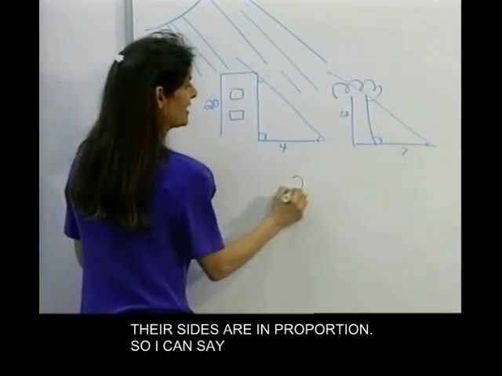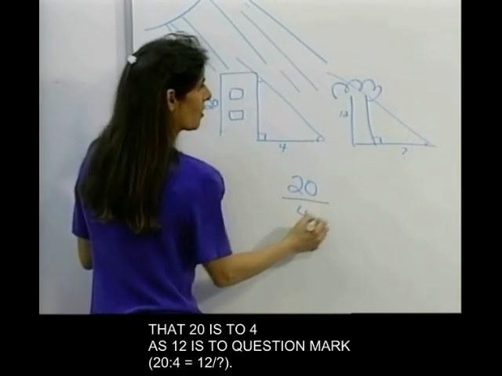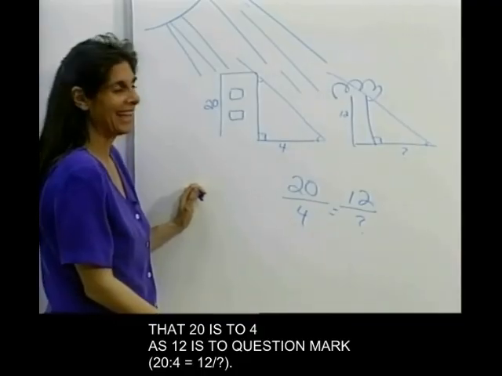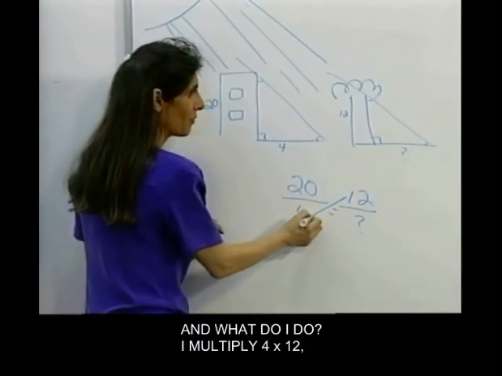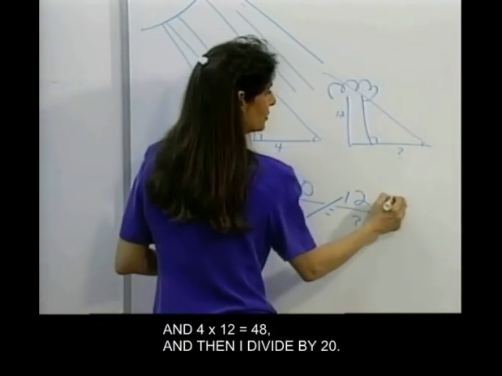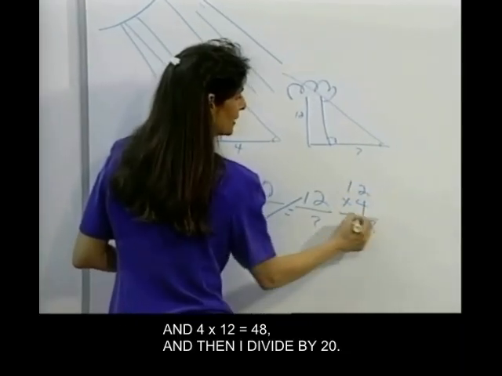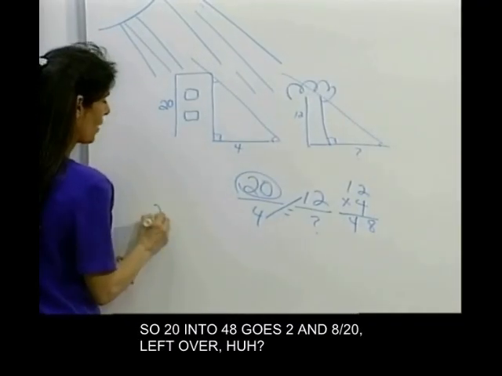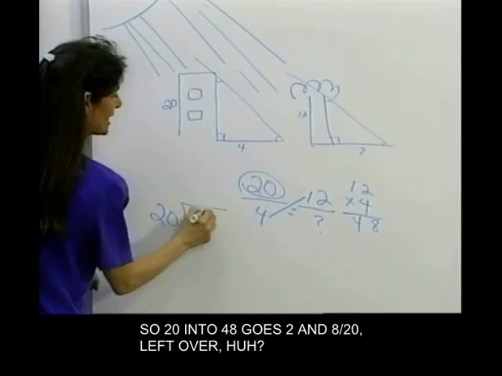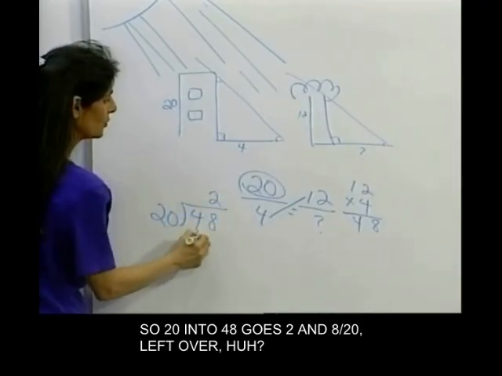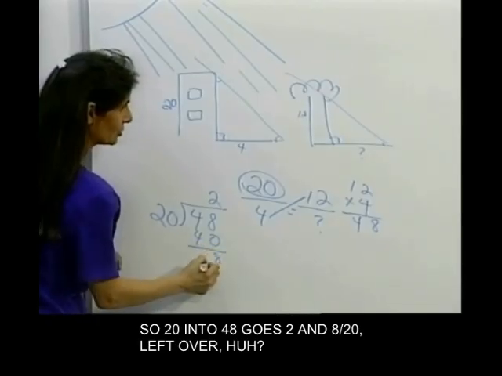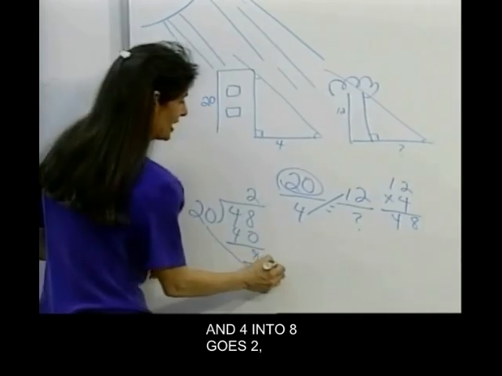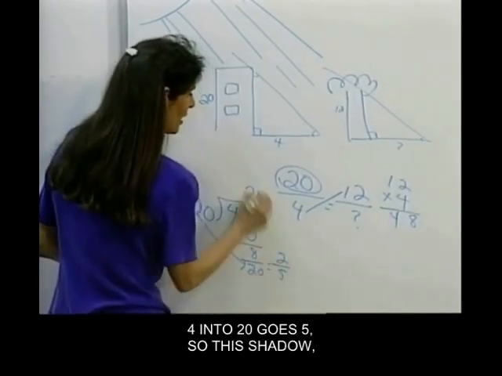So I can say that 20 is to 4 as 12 is to question mark. And what do I do? I multiply 4 times 12, and 4 times 12 is 48. And then I divide by 20. So 20 into 48 goes 2 and 8/20 left over, and 4 into 8 goes 2, 4 into 20 goes 5.